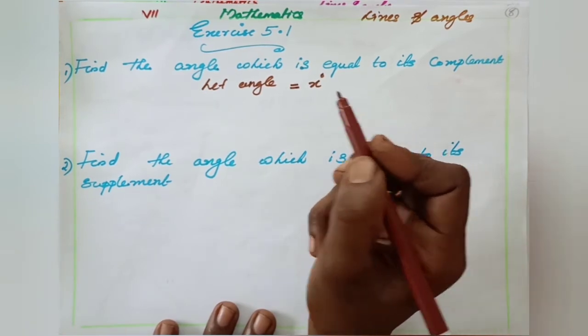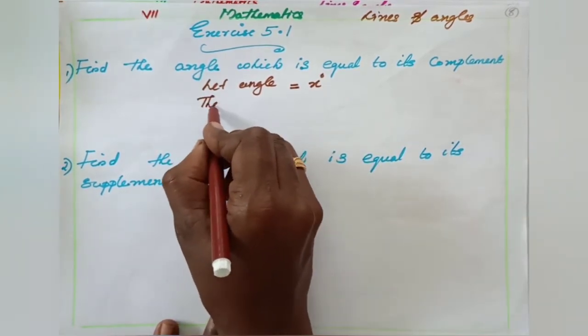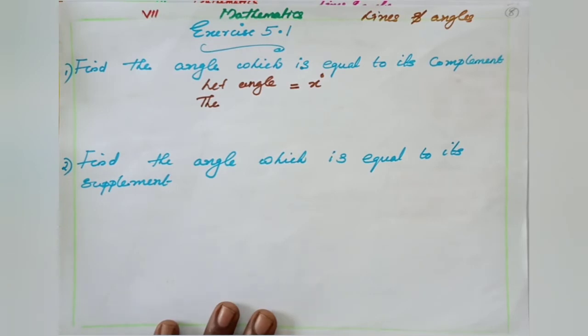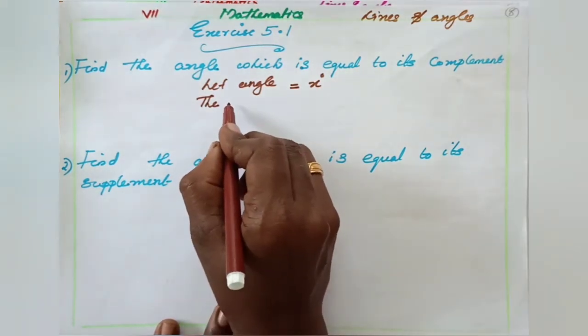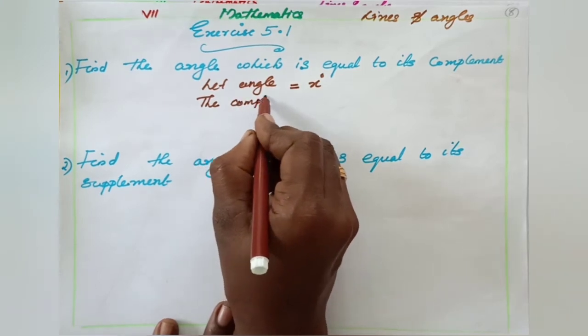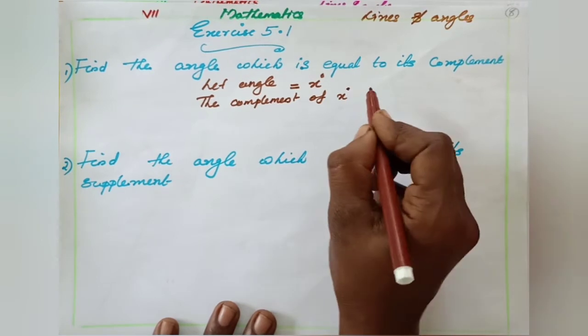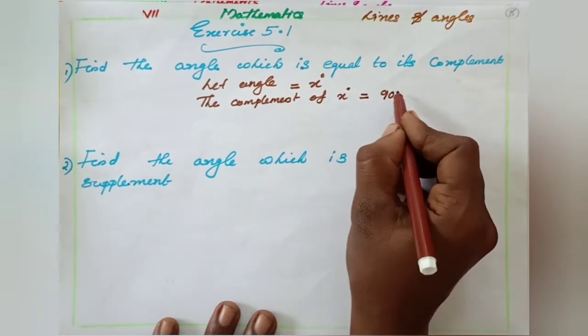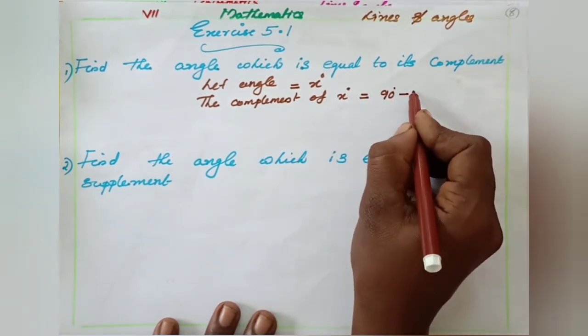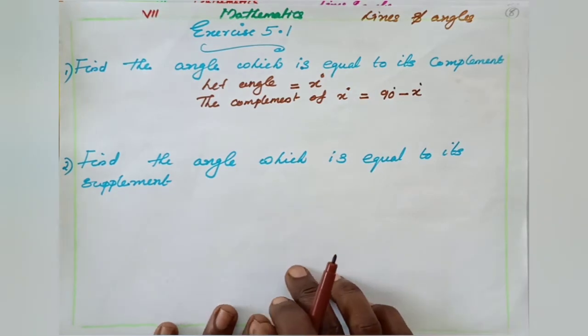Then the complement of x is 90 degrees minus x degrees, subtracting x from 90 degrees.